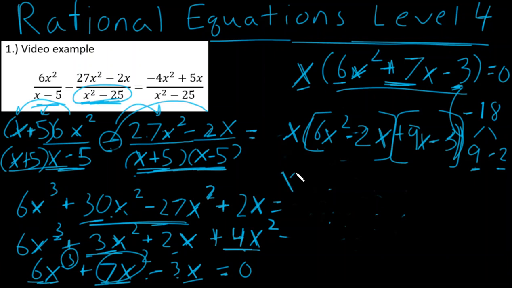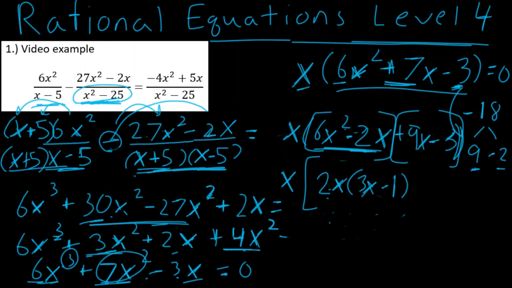I'll write x with a giant bracket, and when we look at this factor of 6x squared minus 2x, well, what's the largest factor we can pull from both of these things? Well, 6 and 2 can both be divided by 2, and x squared and x can both be divided by x. Now when we pull that out, we're left over with 6 divided by 2, that'll give us 3x, and negative 2x divided by 2x will give us negative 1.